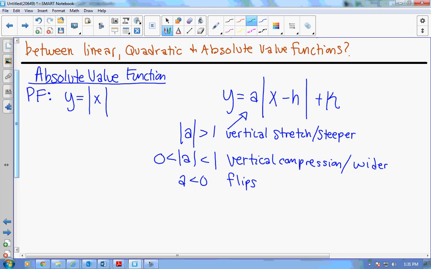Okay, Deepika, what does the H do to the graph? Also starts with an H. Horizontal shift. So that's a translation. If you see the word translation, it's talking about a shift. Okay? And what does the K do to the graph, Gilberto?